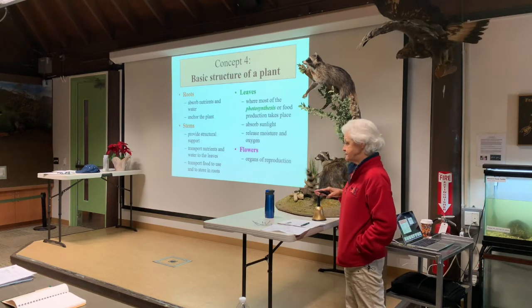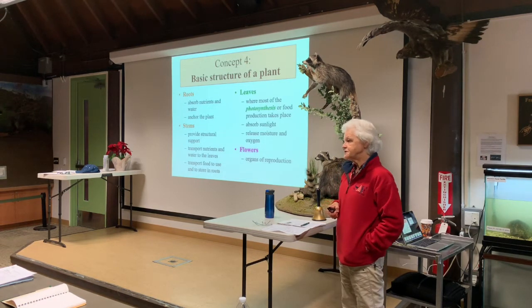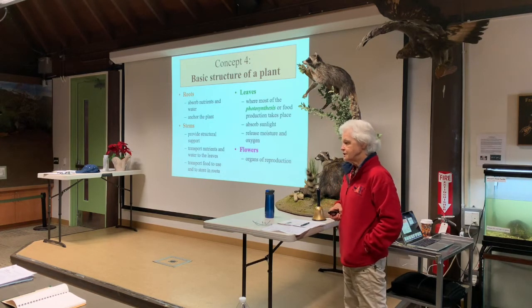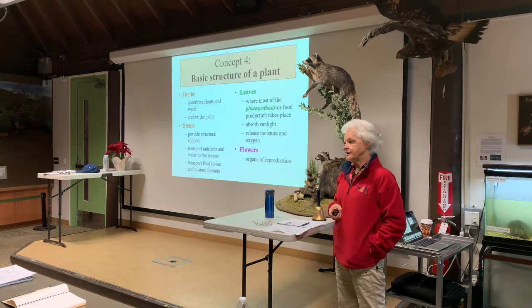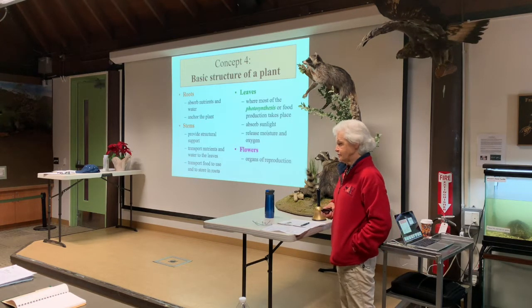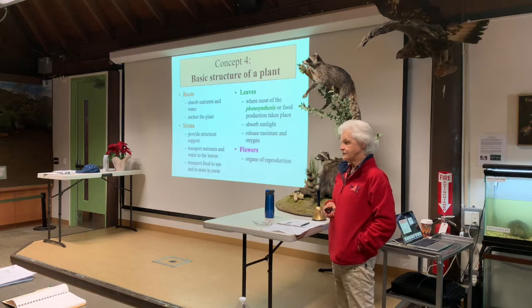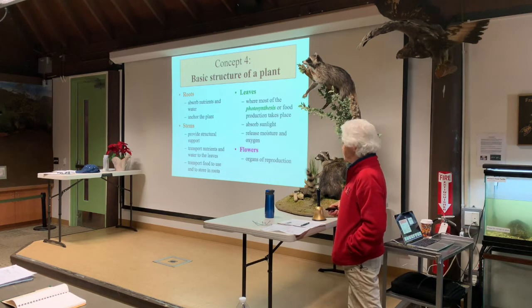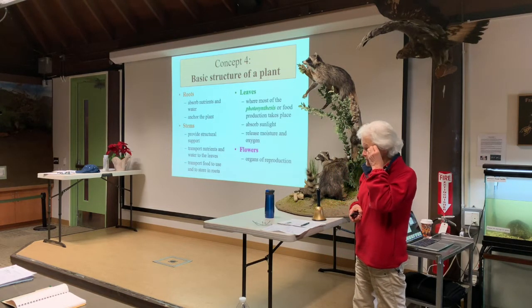Roots, by definition, are underground. They absorb the nutrients and the water, and it's really important to realize that that's the only place where they absorb nutrients and water. So for a plant to get hydrated, they need the water in the ground, not on top. Also very important, they anchor the plant.